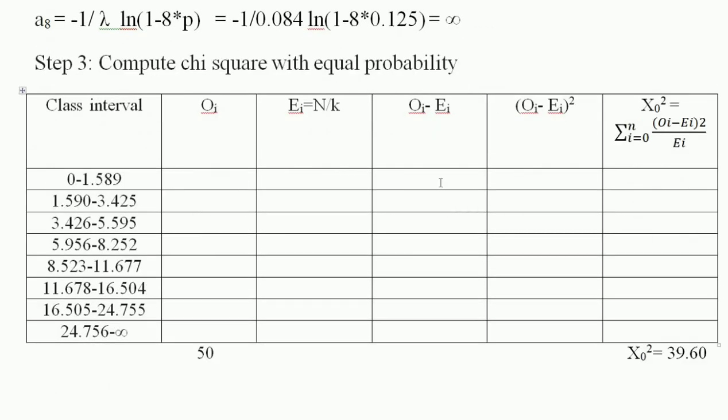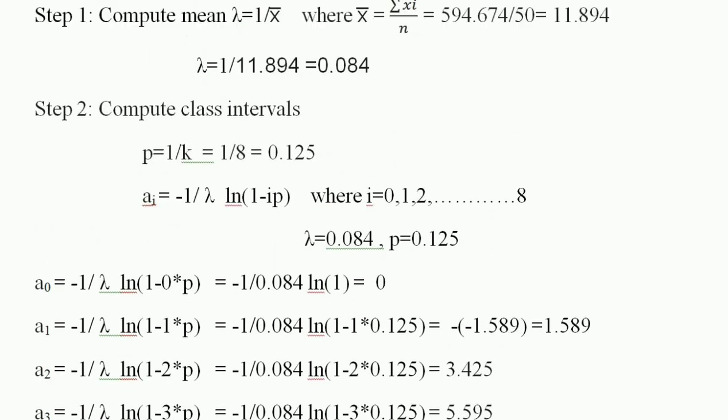And now let us see how the class interval is divided. 1, 2, 3, 4, 5, 6, 7, 8, there are 8 intervals, that is k equal to 8 they are given. How these 8 intervals are divided: now here we calculated the class intervals.